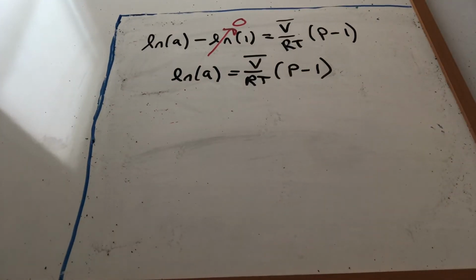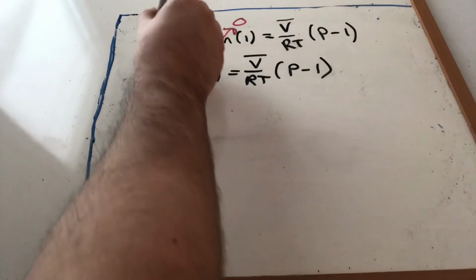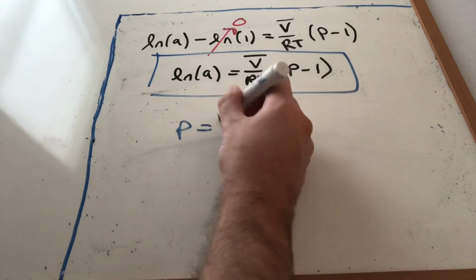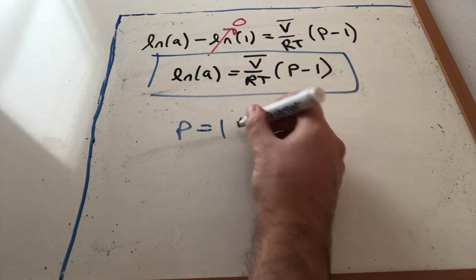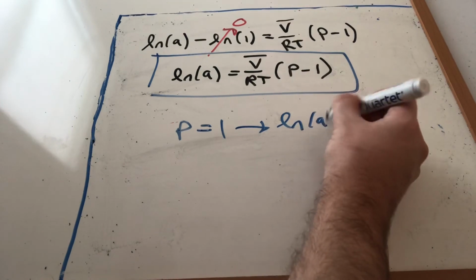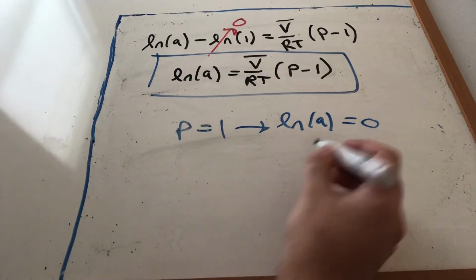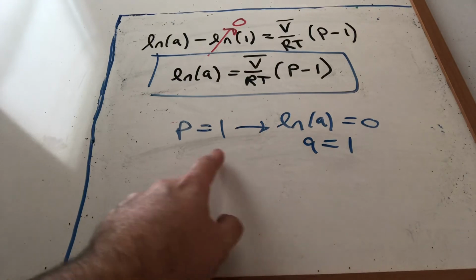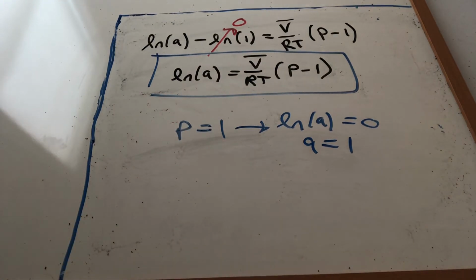So let's take this and let's analyze it. If our pressure is 1, what do we get on this side? We get that the natural log of a is 0. And so what does that tell you about a? a is 1. That's good to know, and that's good to recover.